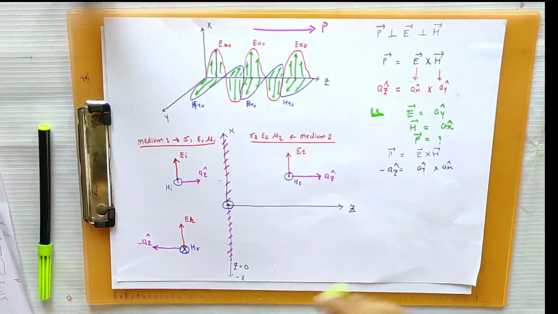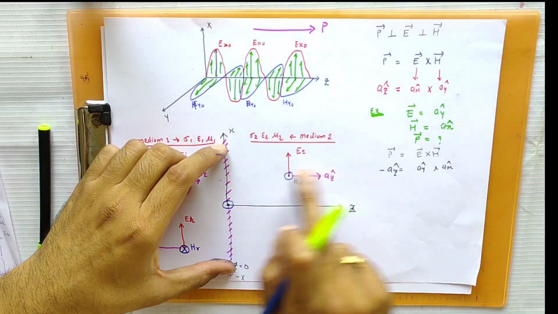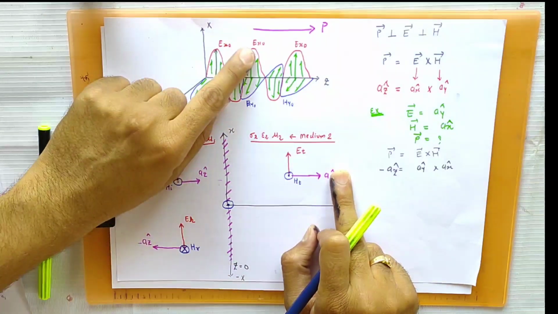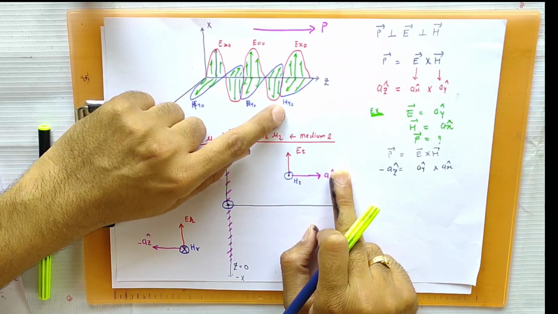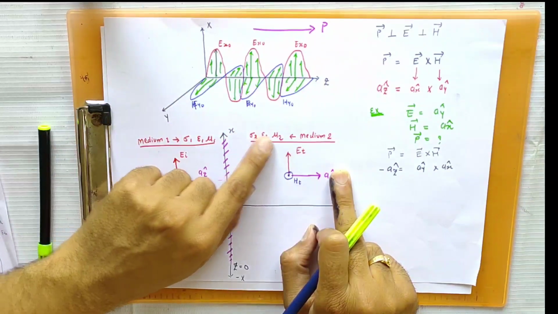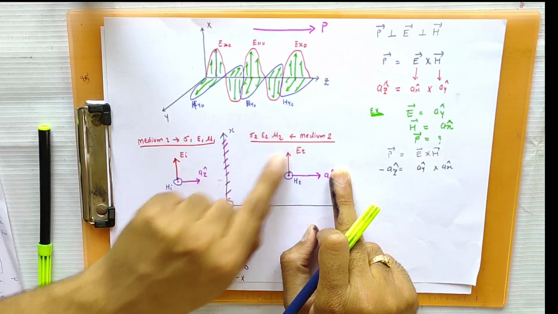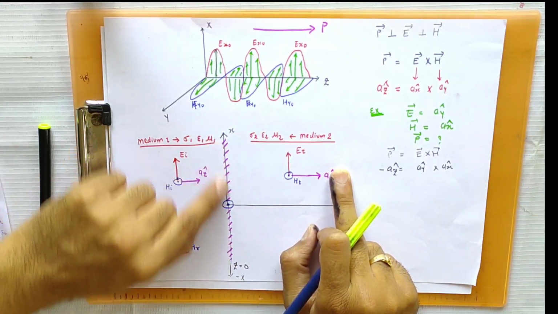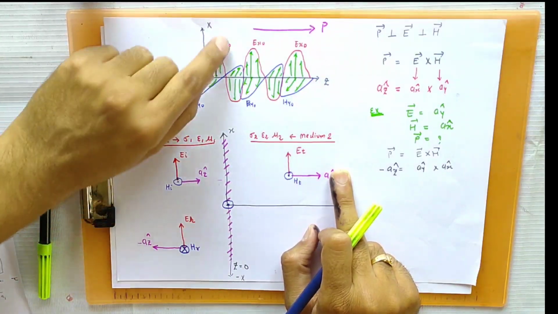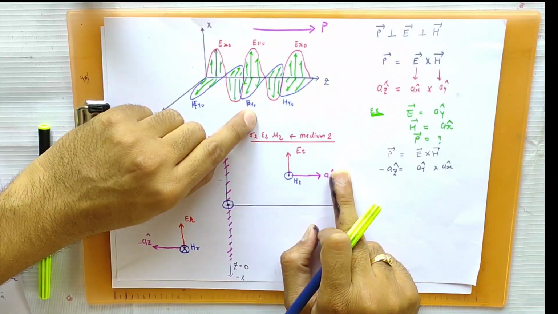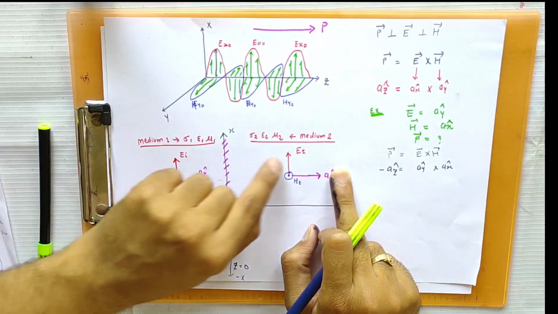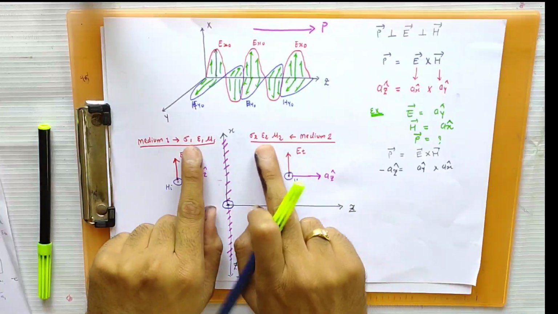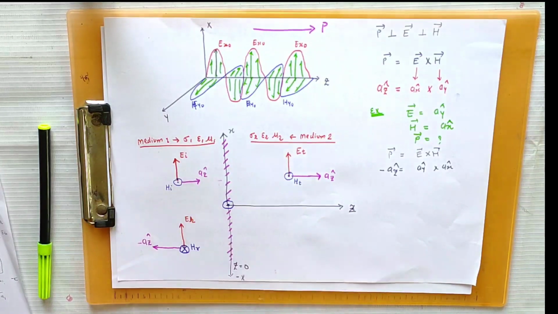But when the wave is incident and then transmitted, entering into the second medium, EX0 and HY0 values may change. It depends on this material constant. So at the boundary the values are maximum, which are EX0 and HY0, and when the wave is transmitted into the second medium, these values are changed.